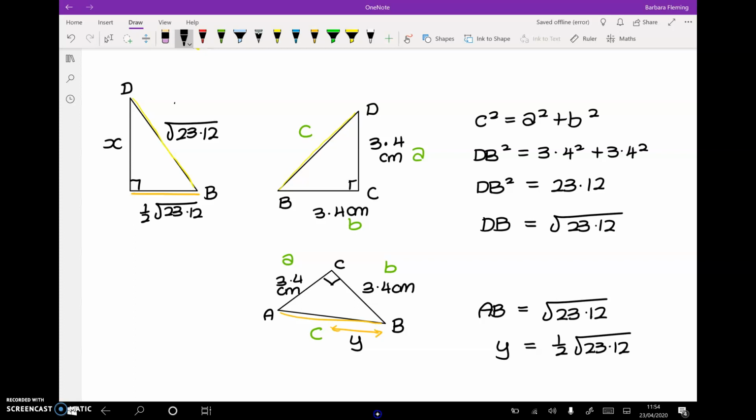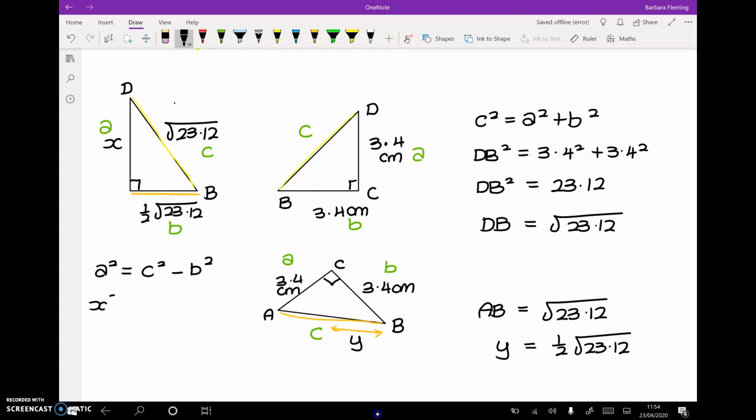And now you are good to go to find your x value here. Now be careful, this time our hypotenuse is over here, our x is one of our shorter sides. So shorter sides, subtract: a squared equals c squared, take away b squared.